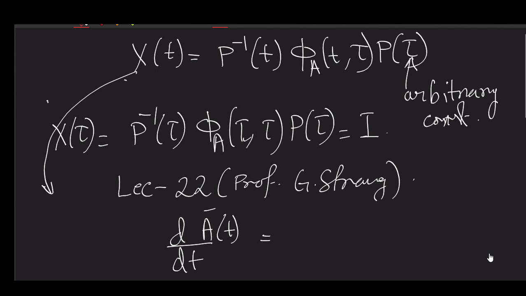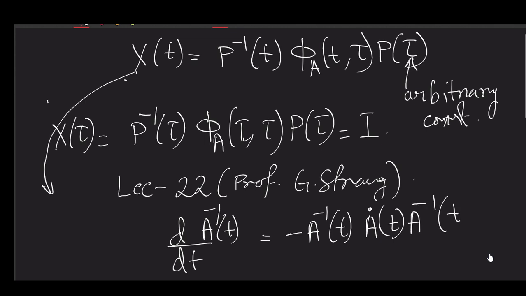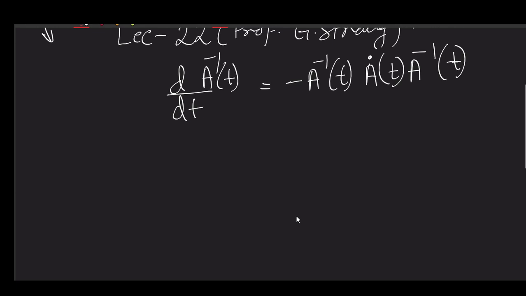The d/dt of A inverse(t) is basically minus A inverse(t) A dot(t) A inverse(t). So if you ask me to prove it, it is very easy to show.